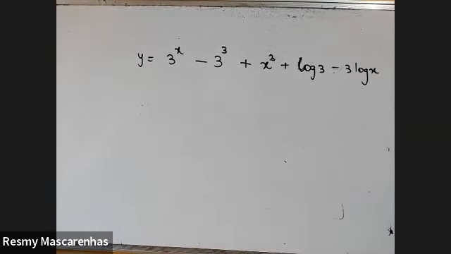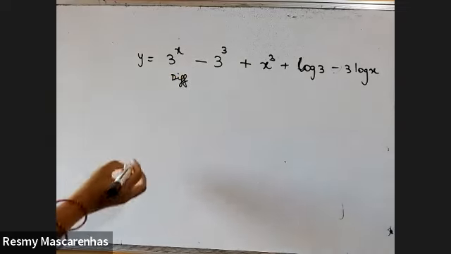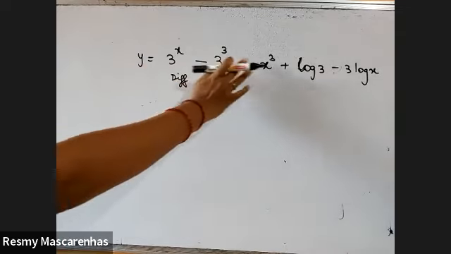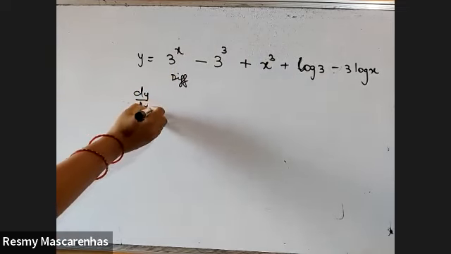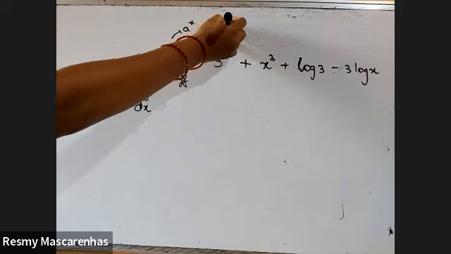Suppose y is given as 3 raised to x minus 3 raised to 3. We have to find the derivative of this. Whenever there is a plus or minus sign, you don't have to worry, because differentiation applies to all the terms equally. So dy by dx: this is in the form of a raised to x, and you know that the derivative of a raised to x is a raised to x log a.